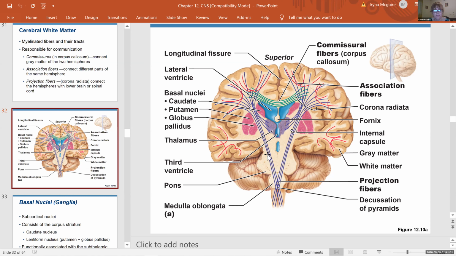That's the white fibers. But do we only have axons in this subcortical area?